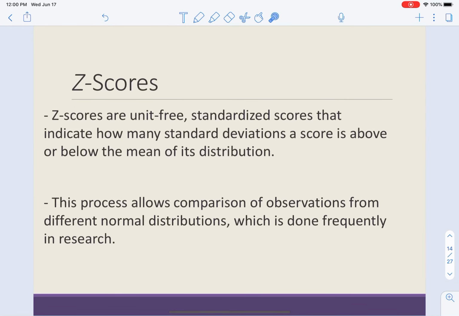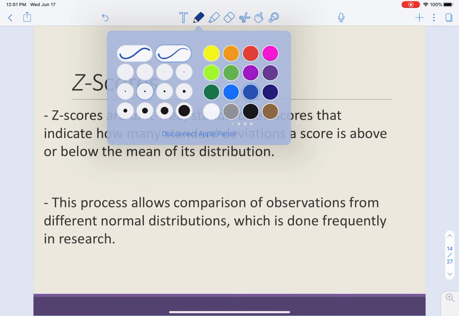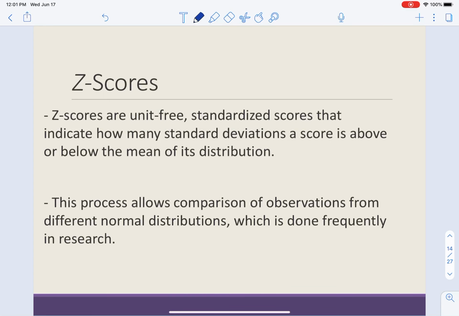So a bit more information on Z-scores. They're unit-free and they're standardized. And they tell us how many standard deviations away something is from the mean. That's the big thing, that we're effectively measuring how far away something is in our good friend, standard deviations.